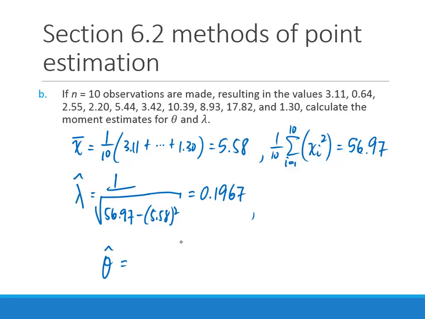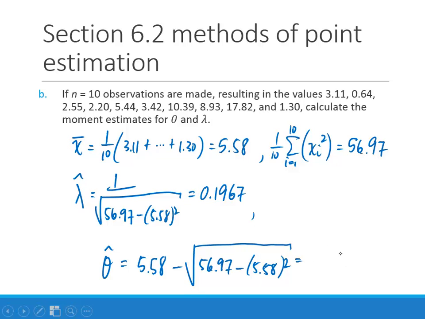And the estimate for theta is x bar minus that same denominator, so 56.97 minus, that's 5.58, and that is 0.497.